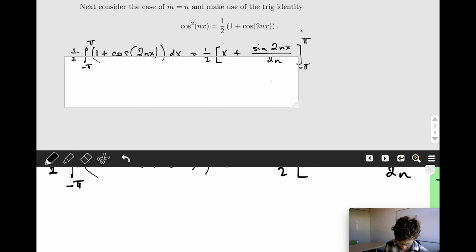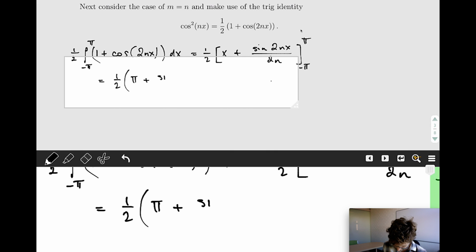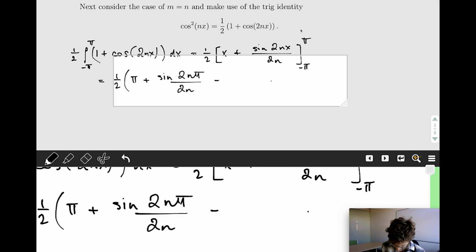Sticking in those values of x, we get a half of pi plus sine of 2n pi divided by 2n, minus minus pi minus sine of minus 2n pi.